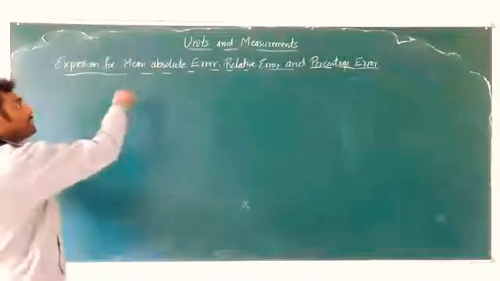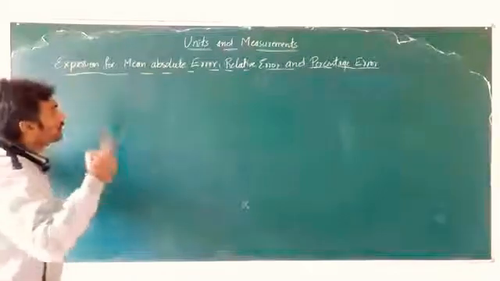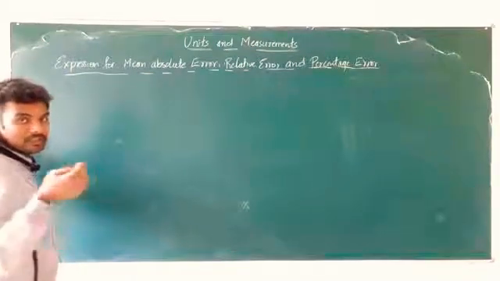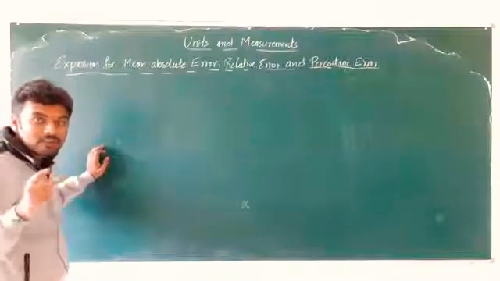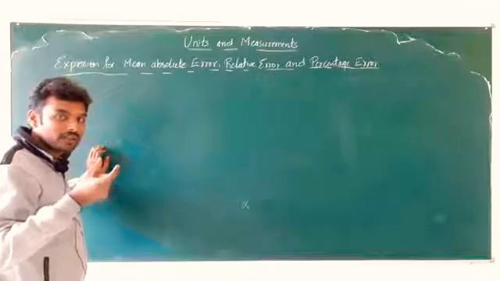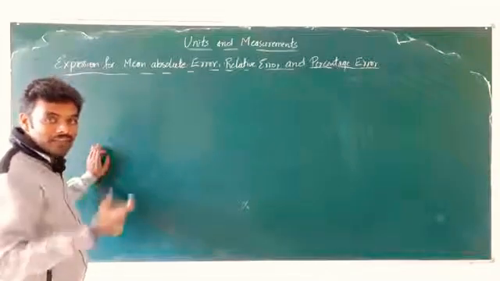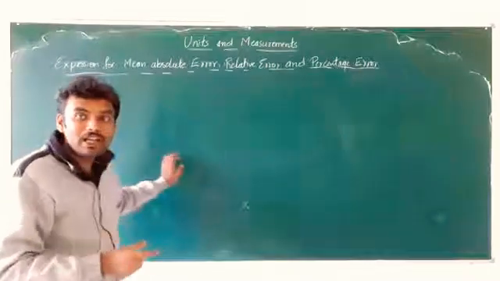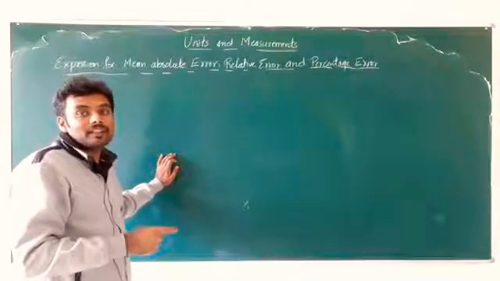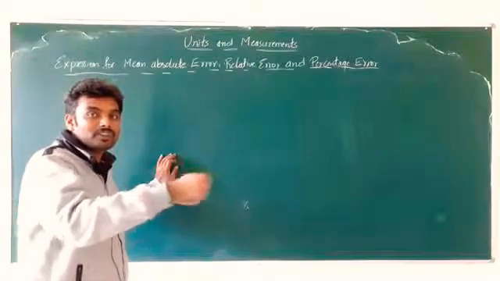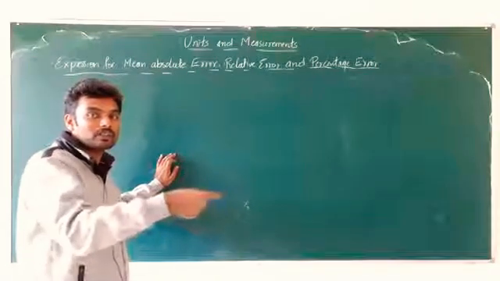What is mean absolute error? What we know is absolute error. What is this mean absolute error? See, what is absolute error? Error is the difference between measured value and the true value. That is absolute error. So, if I have n measurements, all those n measurements will have n absolute errors, isn't it? For first reading, so and so error. For second reading, so and so error. For third reading, so and so error.